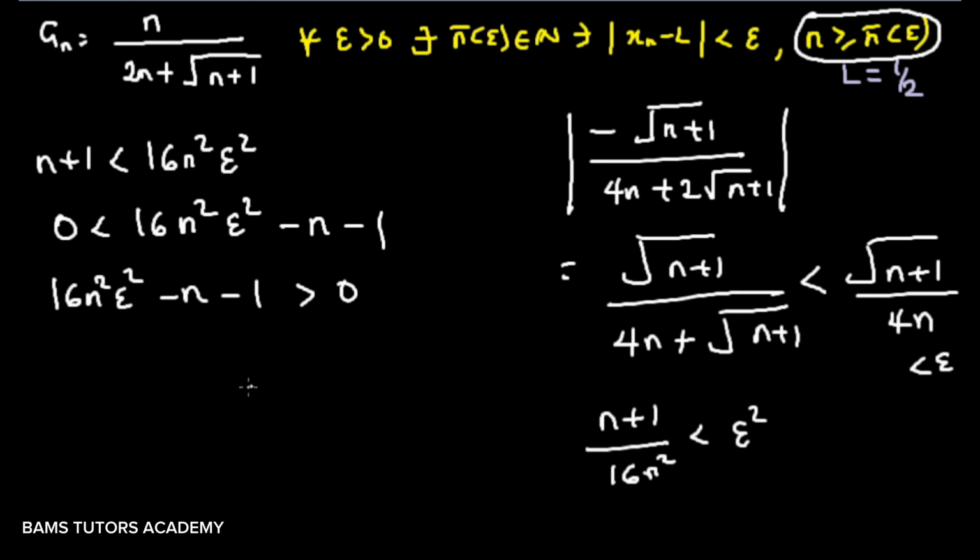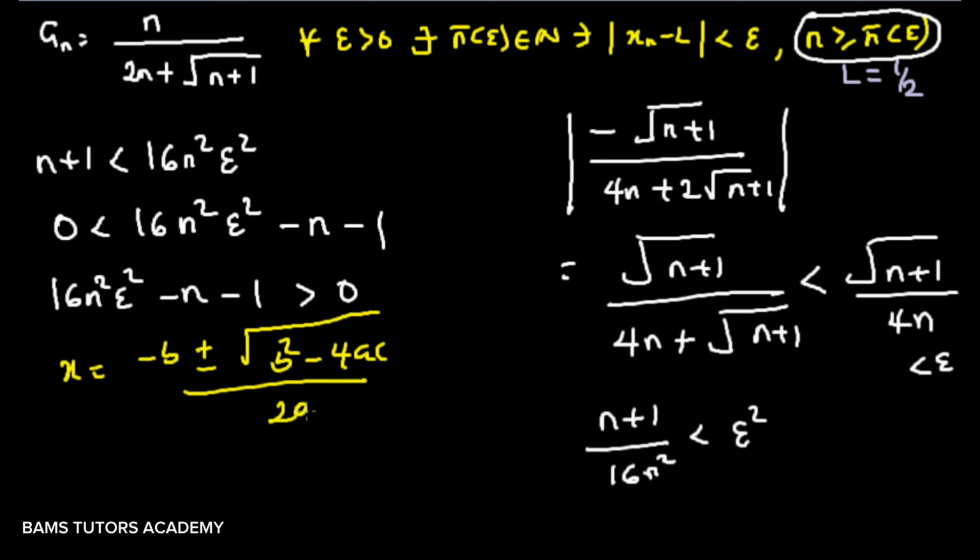We are working with the greater than sign, and we can now apply the quadratic formula. If x is our variable, x equals minus b plus or minus the square root of b squared minus 4ac, over 2a. But here we are working with n, so my n is our x.